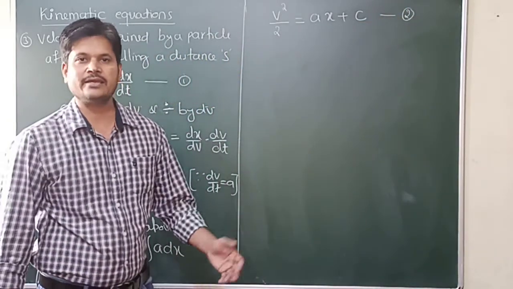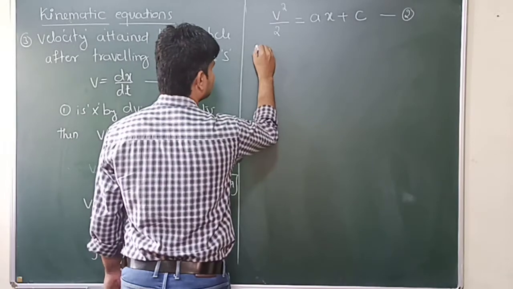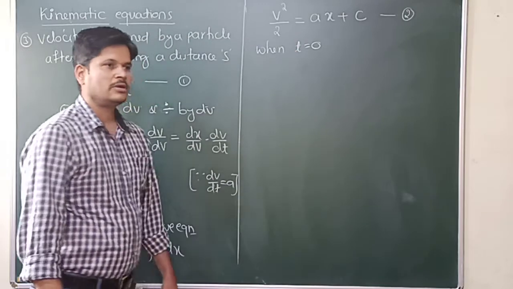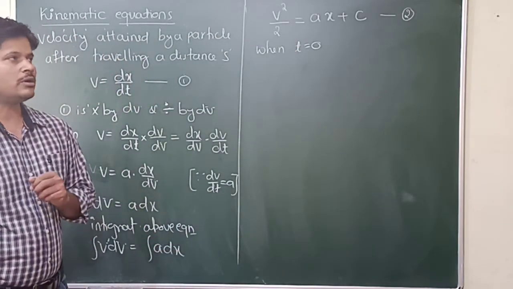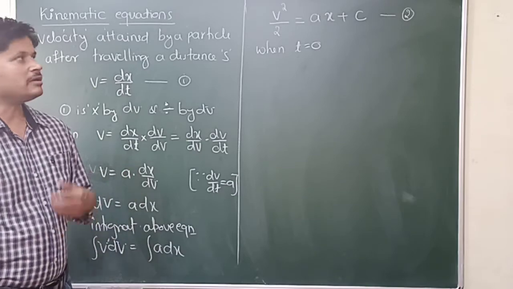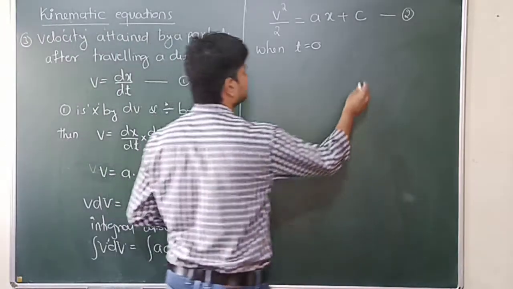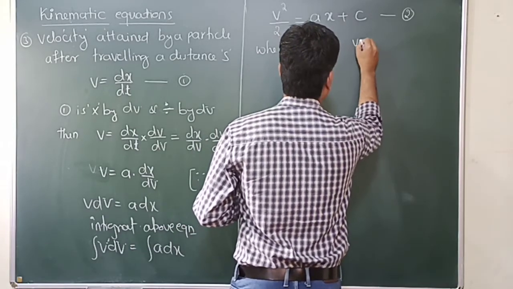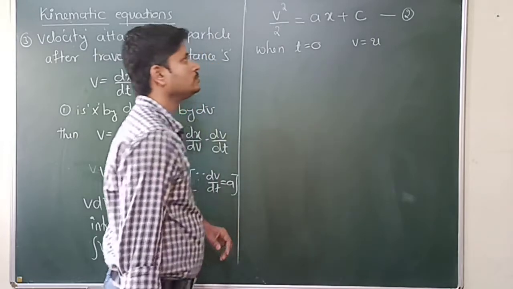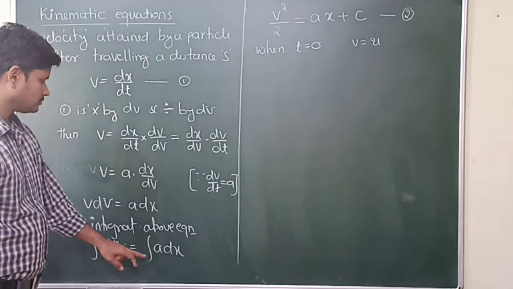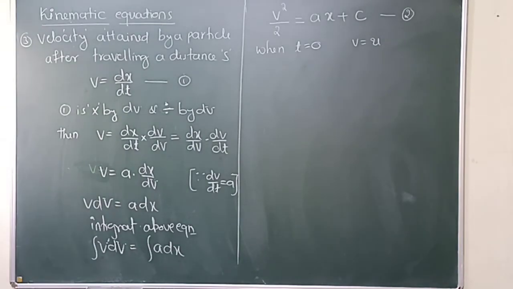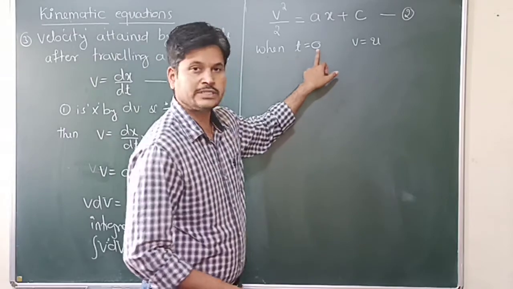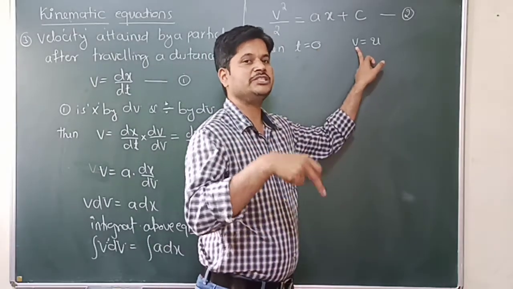I need the value of c. For that, when time t is equal to 0, what is the initial value? v is equal to u. Correct? When t is equal to 0, v is equal to its initial velocity.